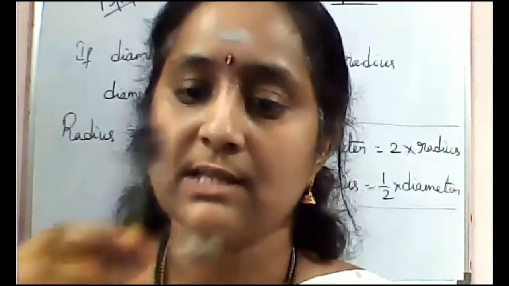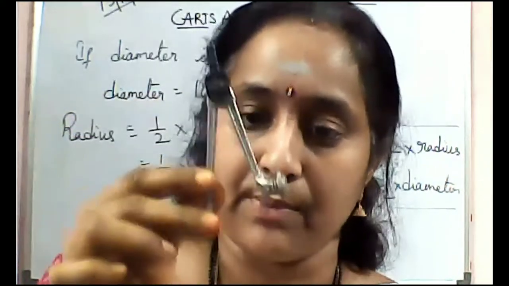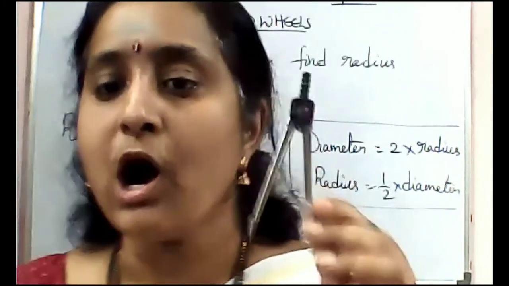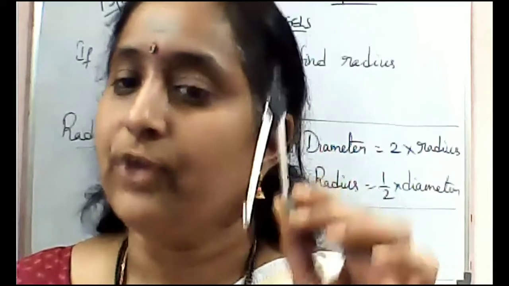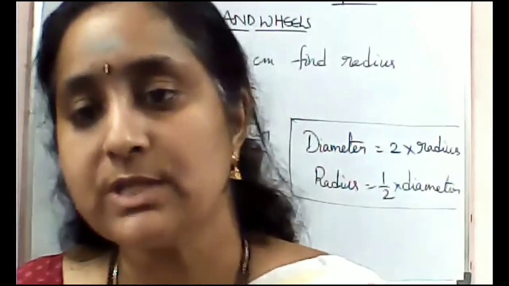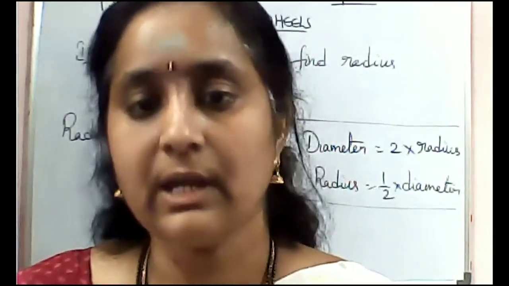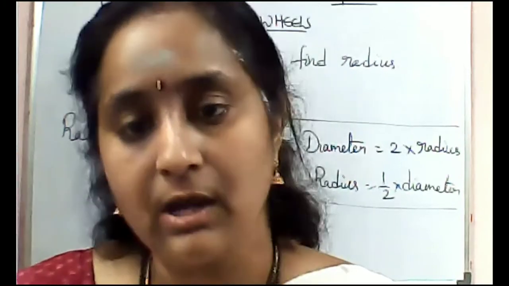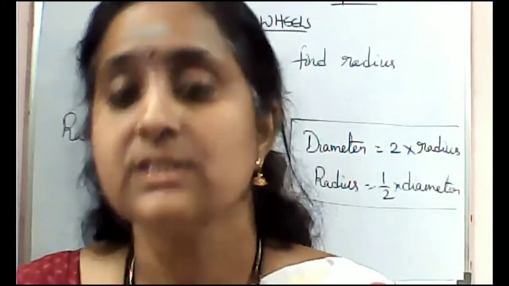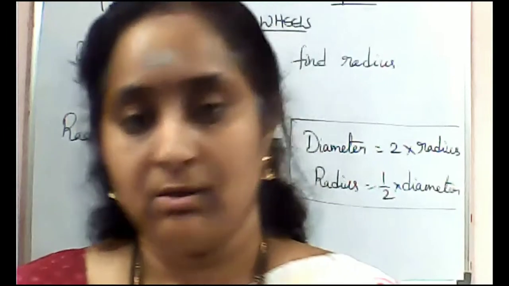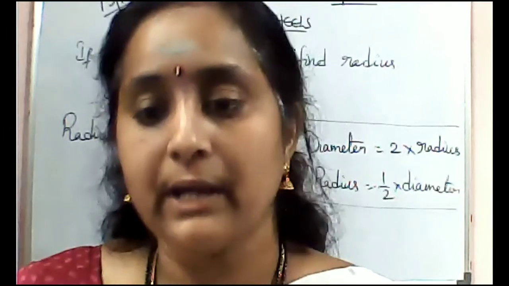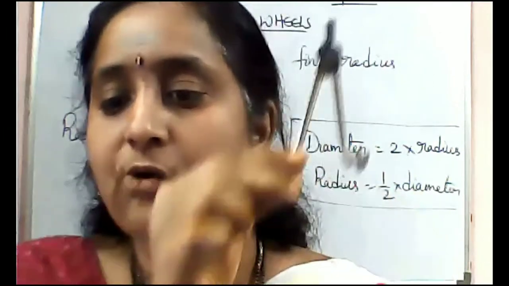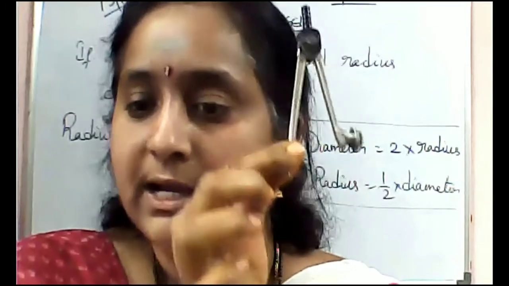Children, in the last class I told you to bring a compass. We know how to draw a circle using bangles. With free hand also you can draw, and using different circular objects we can draw the circle. But today we are going to learn how to draw a circle using a compass.